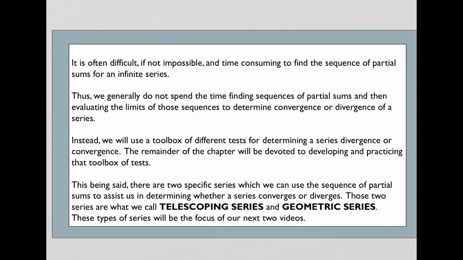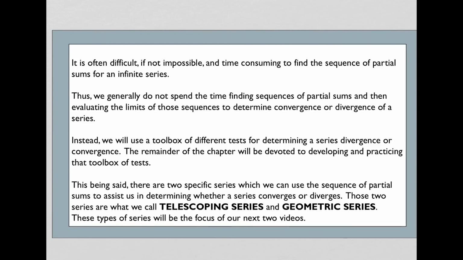Now, it won't take long, but soon you'll discover that it's difficult, if not impossible, and time-consuming to find sequences of partial sums for infinite series. It's a difficult task. So generally, we don't spend the time finding sequences of partial sums and then evaluating the limits of those sequences to determine convergence or divergence. Instead, what we're going to be doing is collecting a bunch of tools that we're going to put into a toolbox. So we're going to use a toolbox of different tests that will help us to determine whether a series converges or diverges.